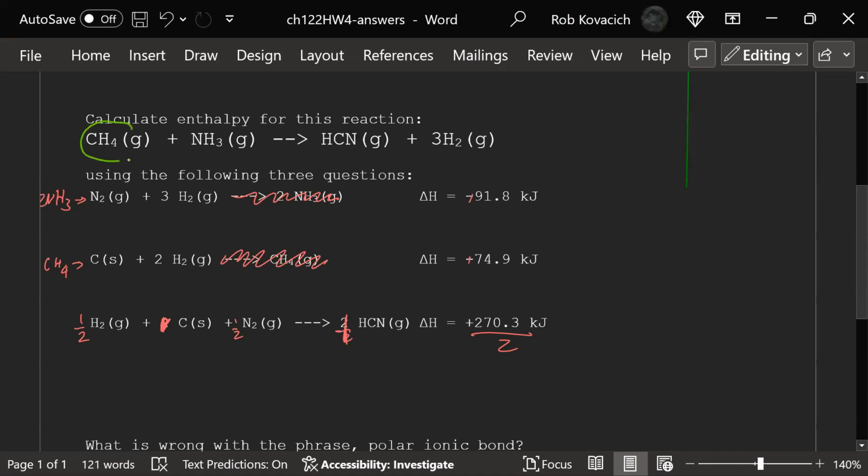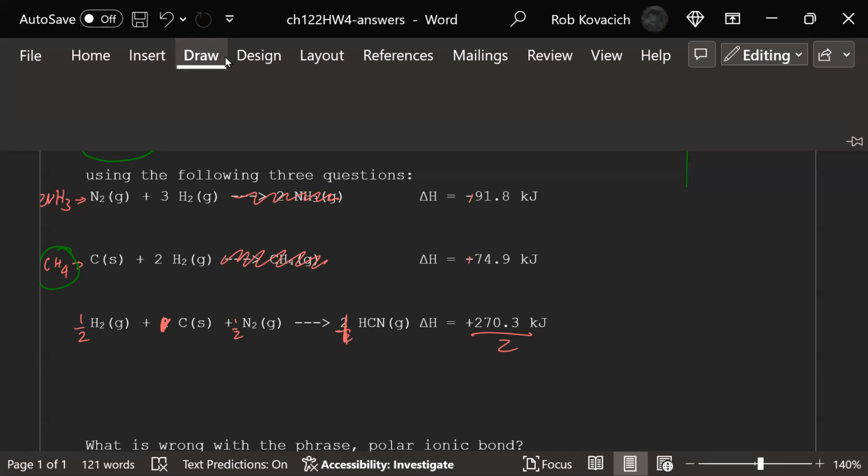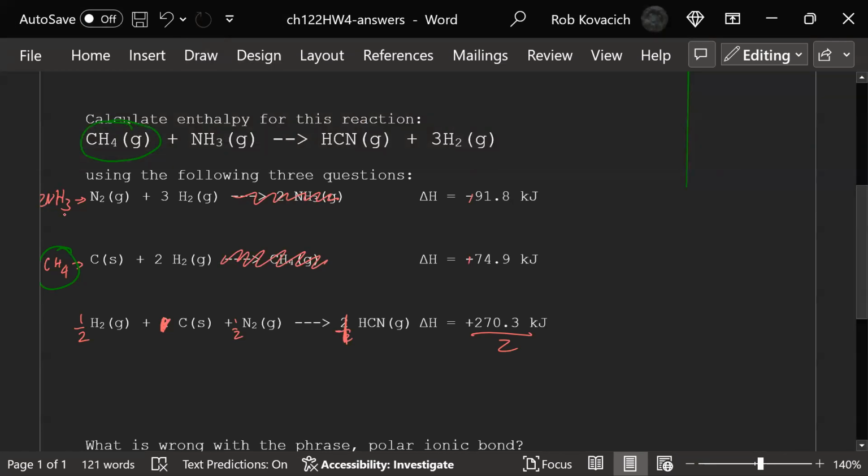I've got 1 methane gas as a reactant. Oh, I messed up. I got to divide this by 2 and this by 2, so that's a half, and this by 2, so that's 3.5. And I got to divide that by 2. Okay.